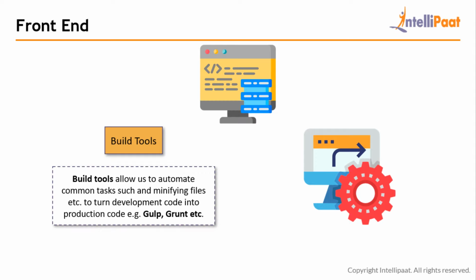And many other tasks that can have an impact on your performance, whether you're developing or running it in production, are taken care of by these build tools. They automate these kinds of tasks, and there are many build tools available. Some of the more popular ones are Gulp and Grunt. There's also one called Brunch. And again, like I said, you don't need to know all of them, but getting comfortable with one of them is a very good thing to do.